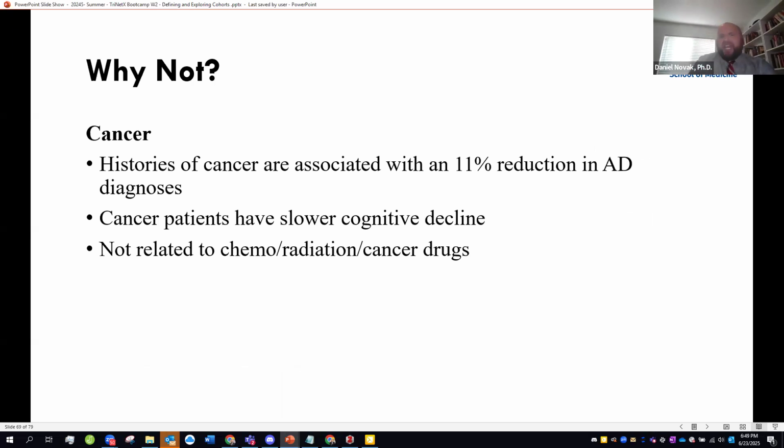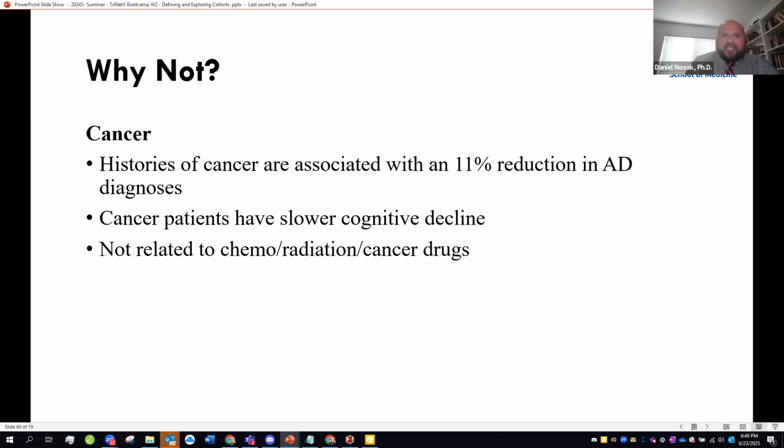Interestingly, cancer was one that I didn't know, because I, once again, am not that kind of expert, except as I was learning. But histories of cancer are actually associated with an 11% reduction in Alzheimer's disease diagnoses. Cancer patients have slower cognitive decline, and it doesn't seem to be related to chemo, radiation, or cancer drugs. I'm not an expert, and I would be fascinated to hear more about this.